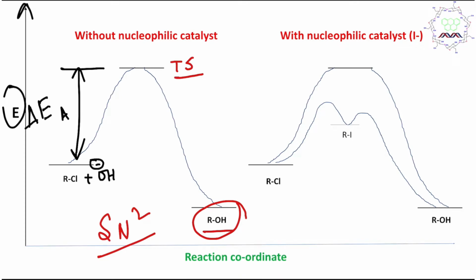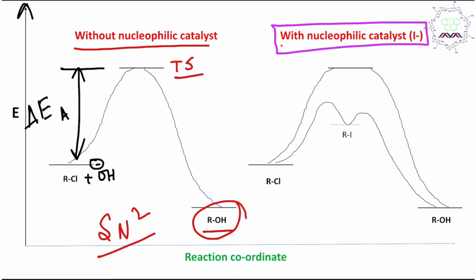Fine. Now let's come to the comparison: the first one is without nucleophilic catalyst and the second one is with nucleophilic catalyst. What happens? With nucleophilic catalyst, iodide will react first and produce this alkyl iodide intermediate.